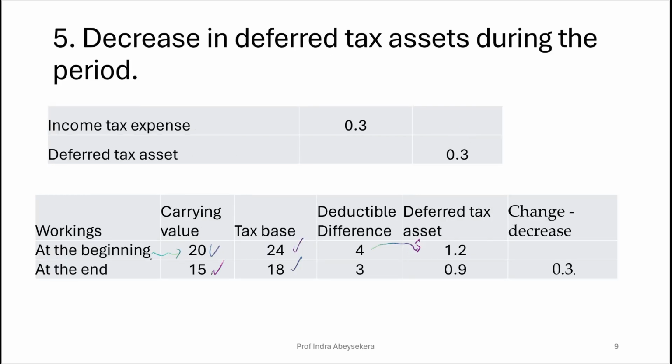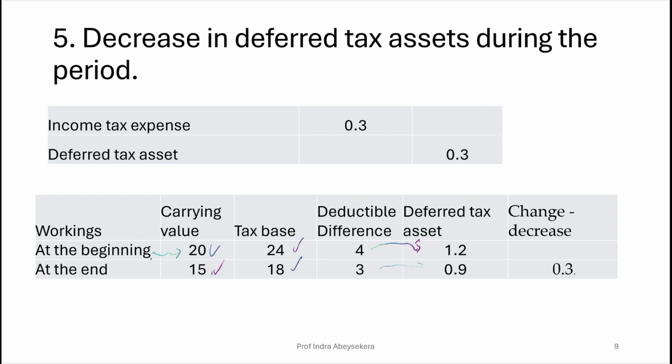At the end of the period, the tax base is now revised to $18,000 and the carrying value has been revised to $15,000. The tax base is still higher than the carrying value, and it's an asset, and that difference is $3,000, a deductible difference.